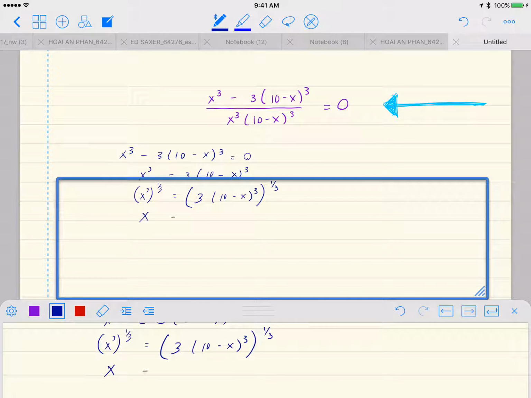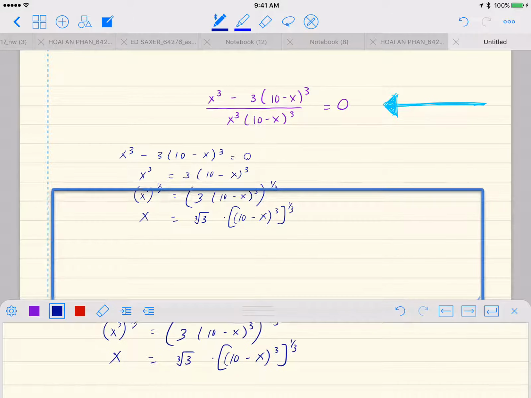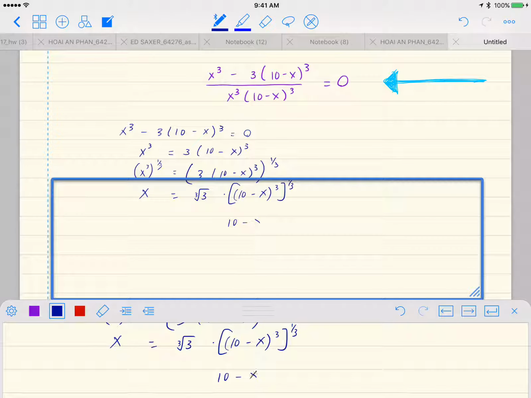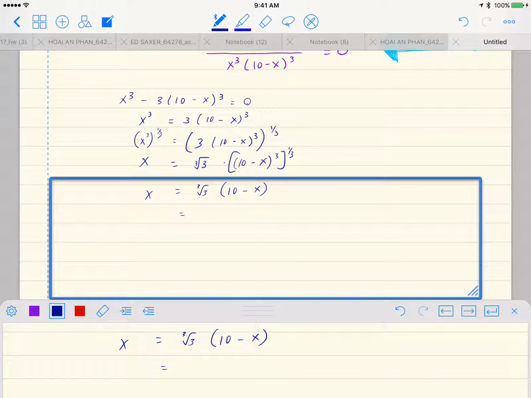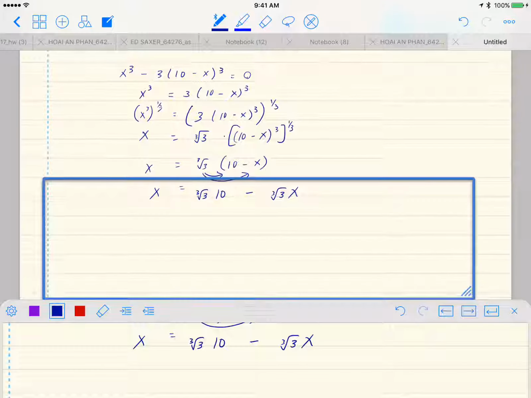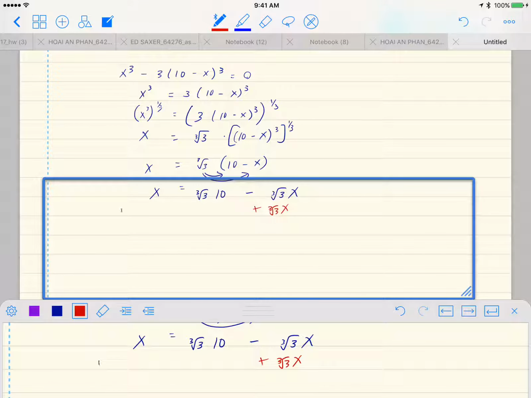On the left-hand side, I'll have x, and on the right-hand side, I'll have the cube root of 3 times (10 minus x) cubed to the 1/3, but that's, of course, just going to be 10 minus x. Okay, so x is equal to the cube root of 3 times (10 minus x). We can distribute this. So we'll have the cube root of 3 times 10 minus the cube root of 3 times x is equal to x. We're going to add the cube root of 3 times x to both sides.